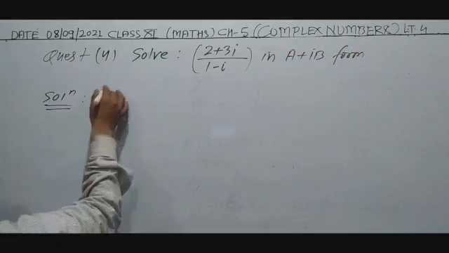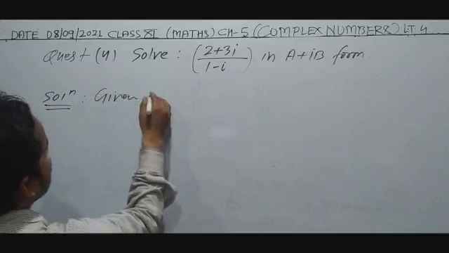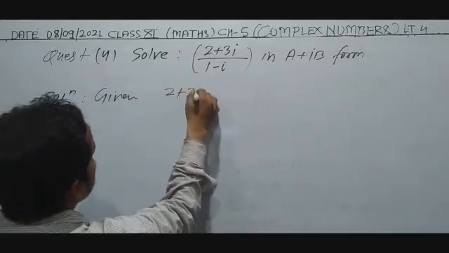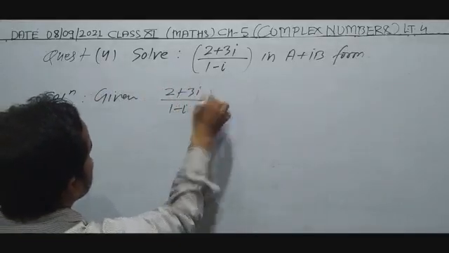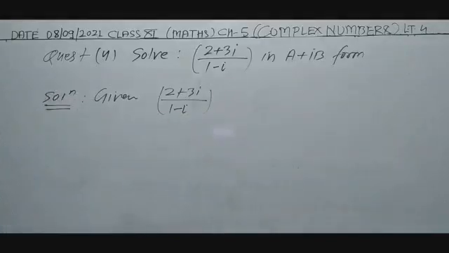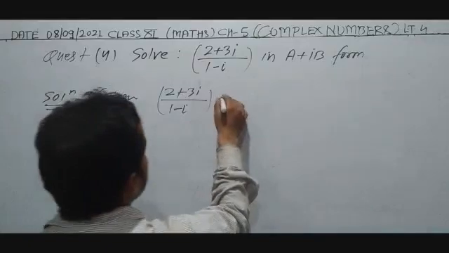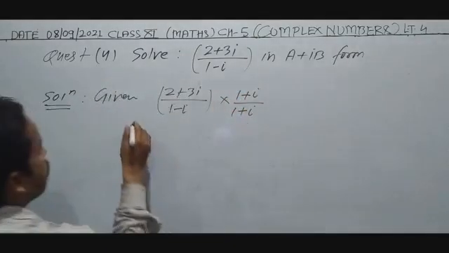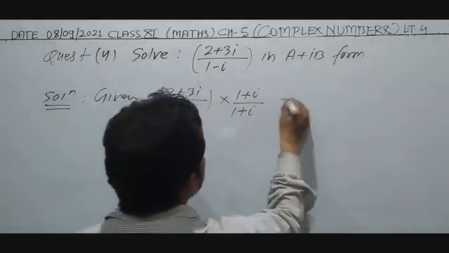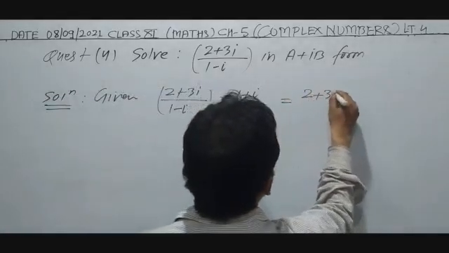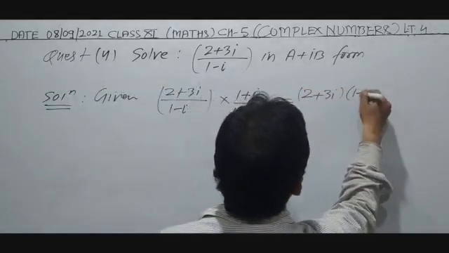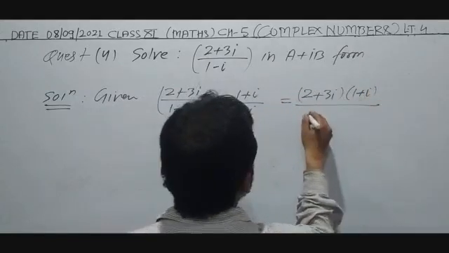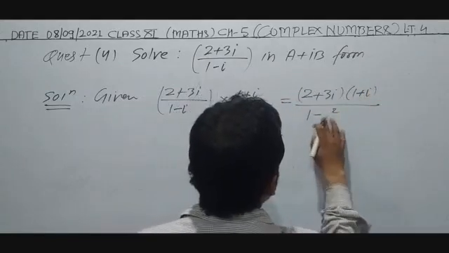So given 2 plus 3i upon 1 minus i. Now we have to rationalize, so you will rationalize by 1 plus i. After rationalizing, this result will be (2 plus 3i)(1 plus i) upon 1 minus i square.